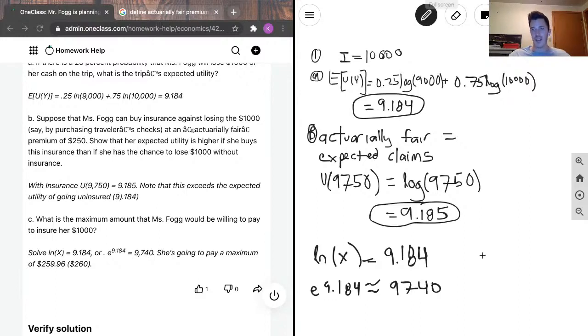If the income is 10,000, then income minus that 9,740 is going to give us $260.